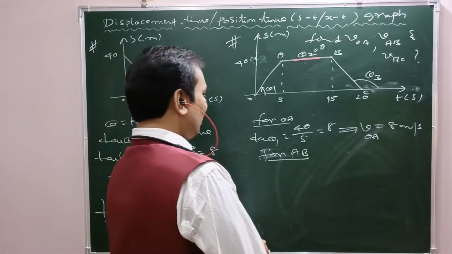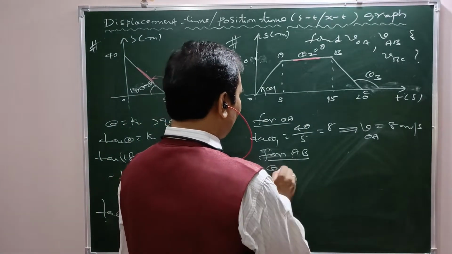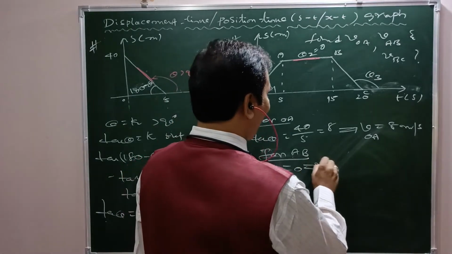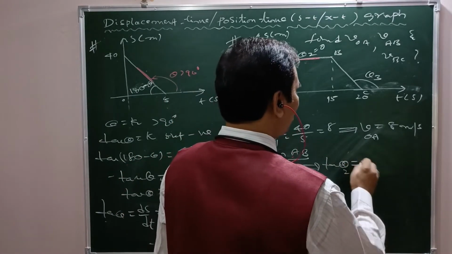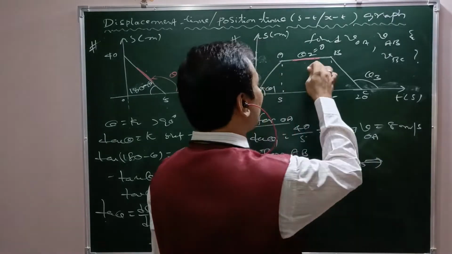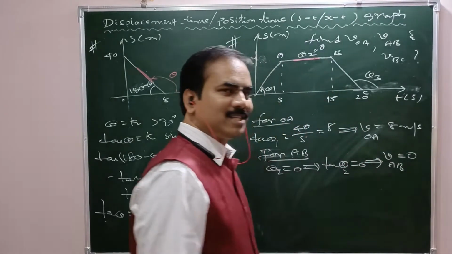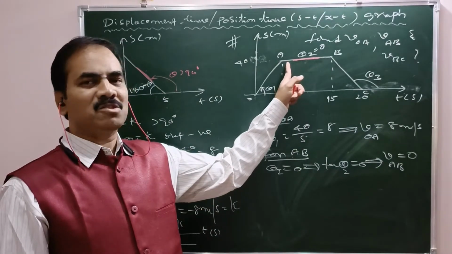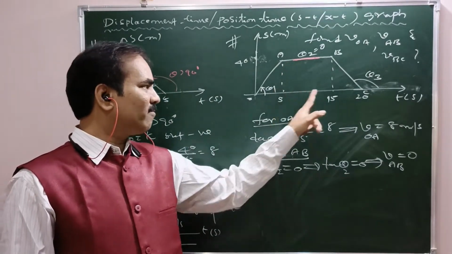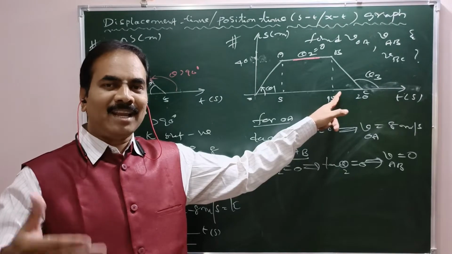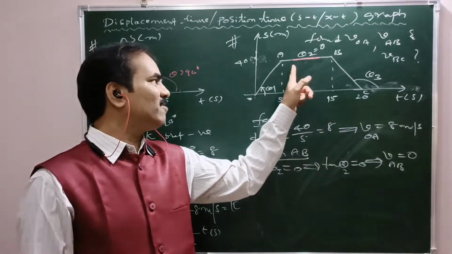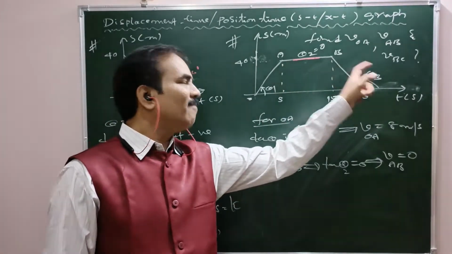So theta 2 is 0, which implies tan theta 2 is also 0. Tan theta 2 means VAB, equal to 0 meter per second. Means the particle comes to rest from 5 seconds to 15 seconds. The particle is not moving at all, it remains at rest from 5 seconds to 15 seconds.